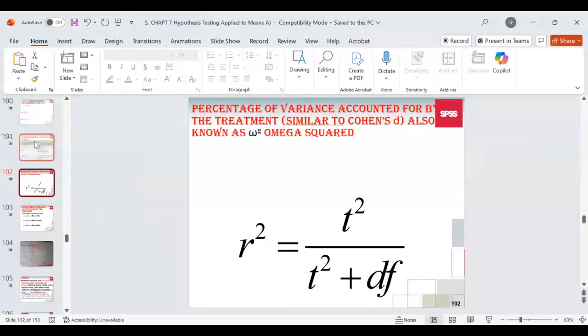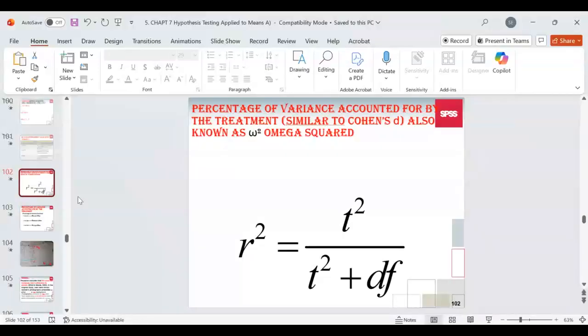You can always go back and look at the previous presentation if you don't remember. It's just like Cohen's d. Once we reject the null as a researcher, it tells us what percentage of variance is accounted for by that research. The higher, the better, just like Cohen's d.